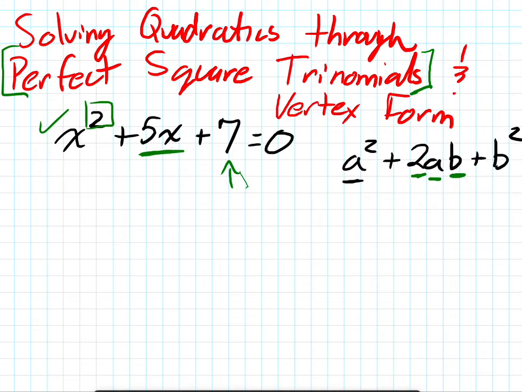Okay, so if we think about it here, we know the square root of the very first, x squared, since x squared is our a term in this, if I take the square root of x squared, I end up with x. Well, the x is already part of it, so that works out really nice. So we've got the a's checked off. B is where we run into some trouble.